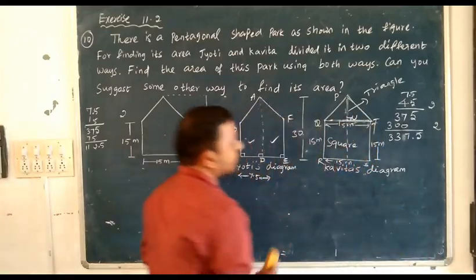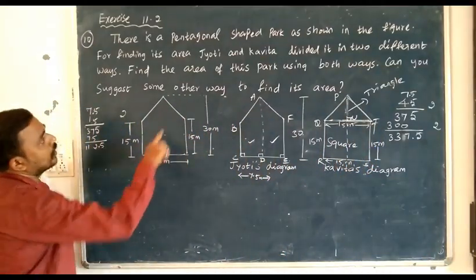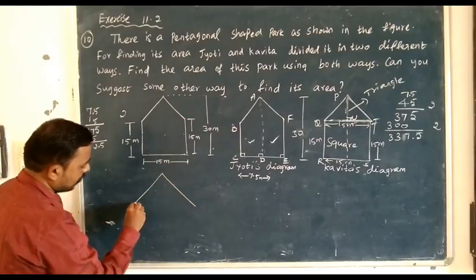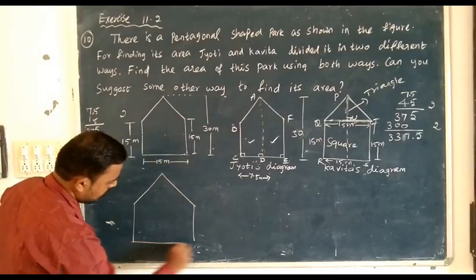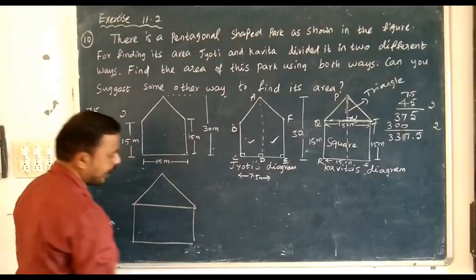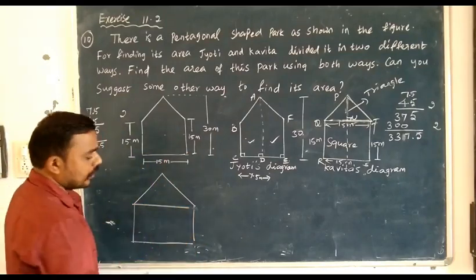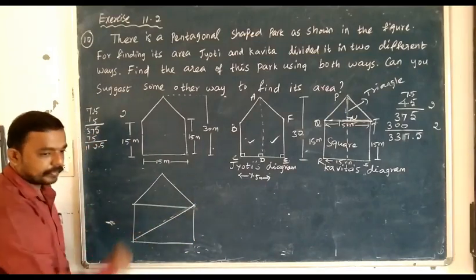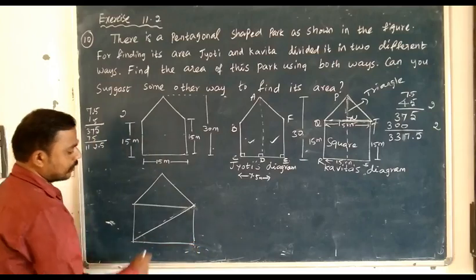Next one, suppose I suggest some other way. Suppose this thing is given, 15, 15, 15. Suppose you have a line like this. You can divide using another line, this line. So think about the shapes.